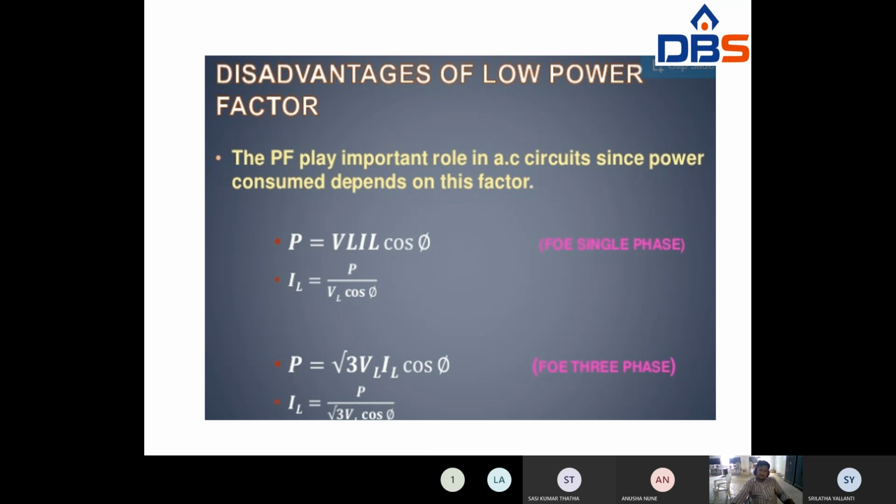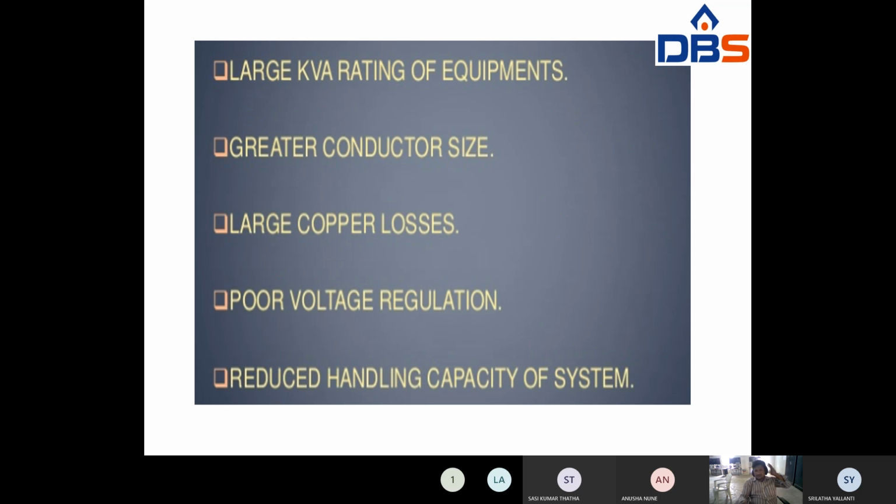Now, first one: high I square R losses, that is, large copper losses. If the power factor of the system is very poor, then the load current is high. When the load current is high, the copper loss becomes high. So the load current drawn from the supply is very high, in which the copper losses, that is I square R losses, are more.